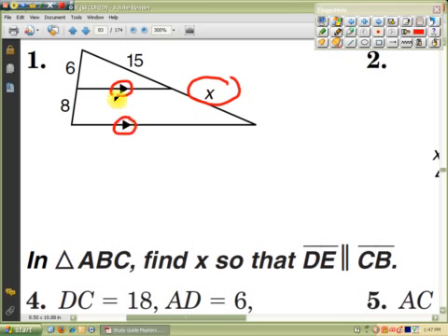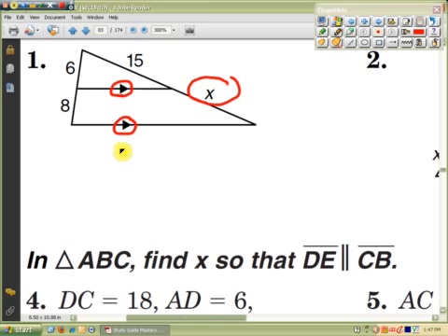So therefore we can put together certain proportions in order to solve these triangles and find the missing values. So what I want to do here is set up number 1 using the theorems in the notes and also the theorems on top of the study guide involving proportional parts of triangles.